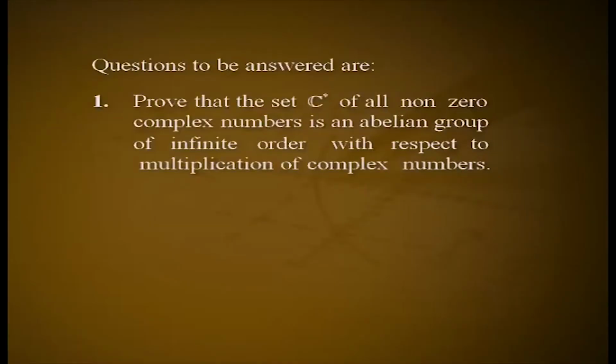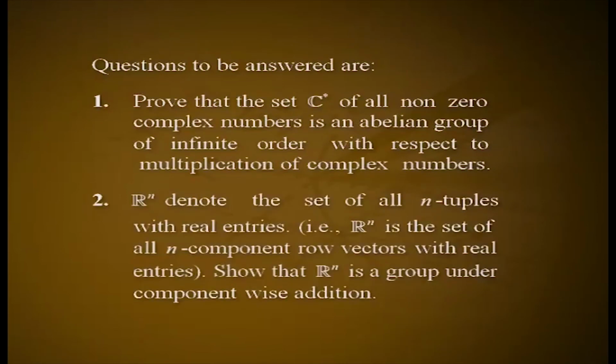1. Prove that the set C star of all non-zero complex numbers is an abelian group of infinite order with respect to multiplication of complex numbers. 2. R n denotes the set of all n-tuples with real entries, that is, R n is the set of all n-component row vectors with real entries. Show that R n is a group under component-wise addition. 3.